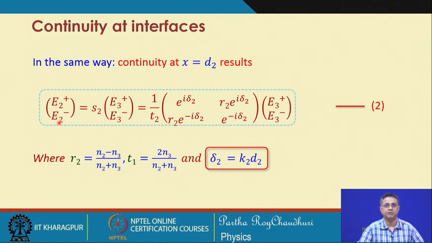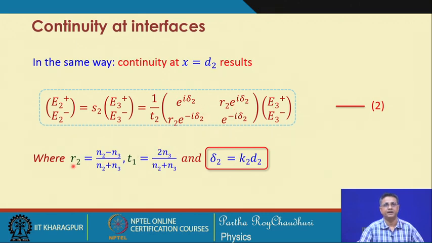For example, if I have the electric field information in the third layer, I can connect it to the second layer and vice versa, and in that case the coefficient matrix will look like this: 1 upon T2, then e to the power of i delta 2, R2 e to the power of i delta 2, and so on, where delta 2 is equal to k2 d2. d2 is the thickness of the layer, and k2 is 2 pi upon lambda for the second layer.